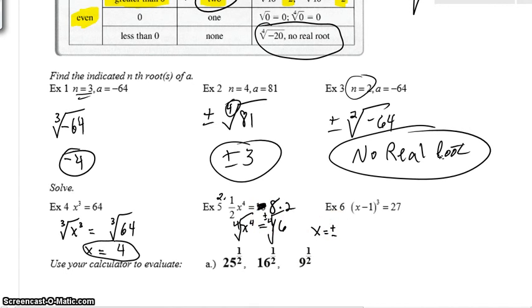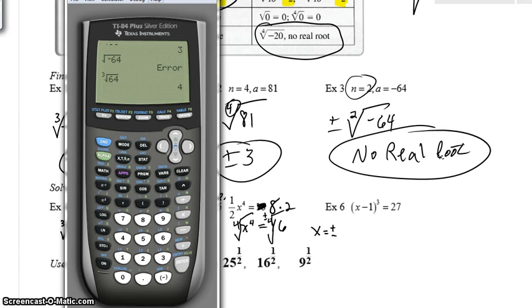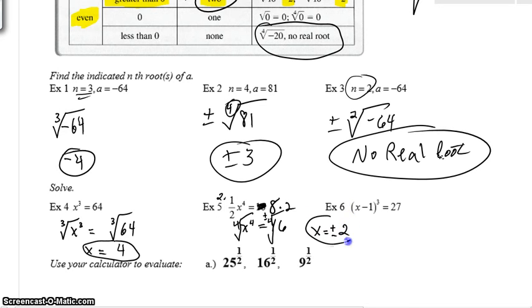Whenever you take even roots, you're going to have a plus minus. That's the one thing that the calculator won't tell you. But remember how we get a fourth root. We press 4 first, then we hit math, come down here to number 5, and we can say, hey, what's the fourth root of 16? Well, you get 2. But don't forget, there is that plus minus issue.